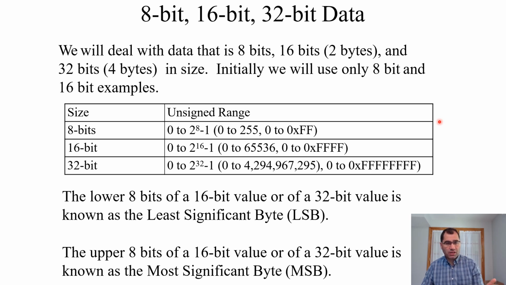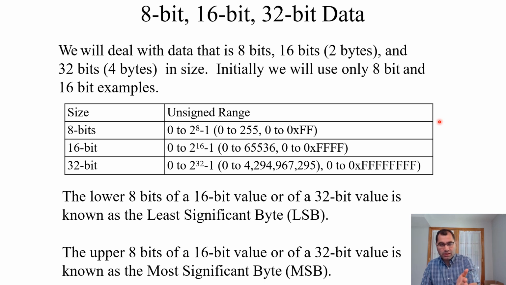Obviously you know this quite a bit. If you have 8-bit data, the unsigned range is going to be 0 to 2 to the 8 minus 1, so 0 to 255. If it is signed, it's going to be half.